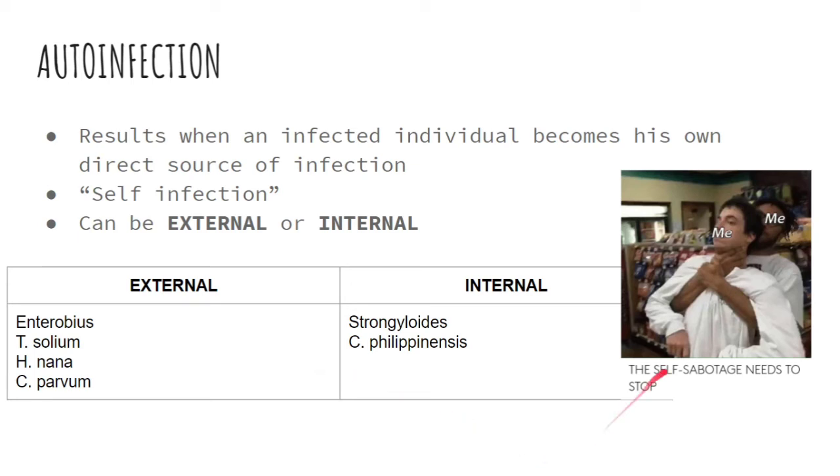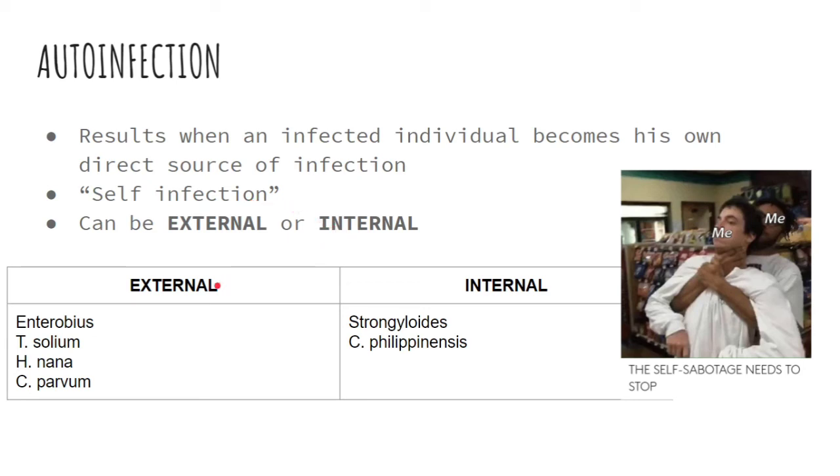Ito nga, self-sabotage to. So, ikaw, sa sarili mo, ang naging another source of infection kung bakit ka nagkasakit ulit. Okay? This is also known as self-infection. Kasi nga po, yung meaning ng auto sa medical term is self. So, auto-infection is self-infection. It can either be external or internal.